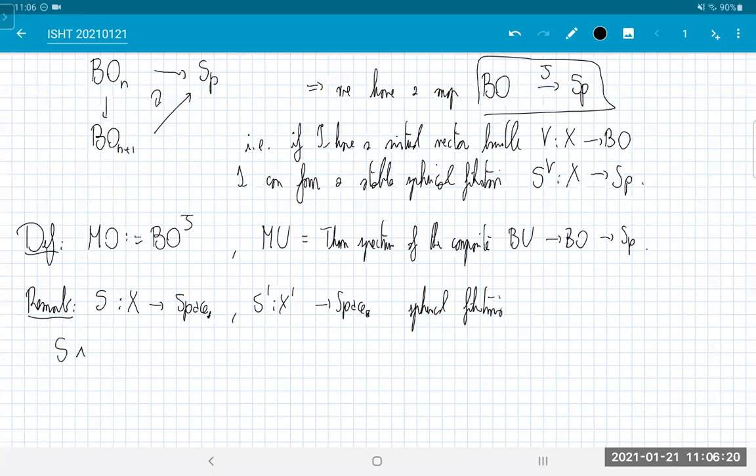Then S smash S prime, that goes from X times X prime to pointed spaces, sends (x, x prime) to S of X smash S of X prime, is also a spherical fibration.